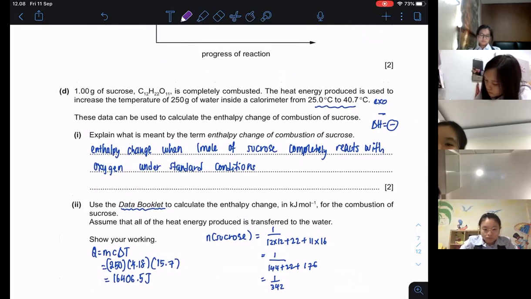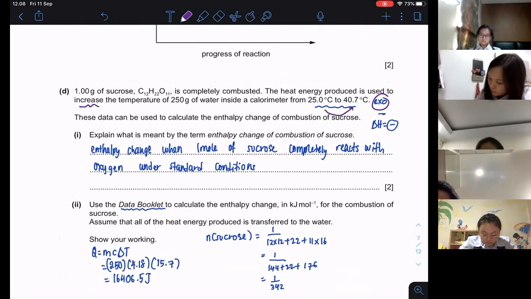combusted. The heat energy produced is used to increase the temperature. So do remember, it's an exothermic reaction. One of the mistakes that students always make is when they say there is an increase in temperature, in the final answer they forget to put it as negative. So it's going to be exothermic.